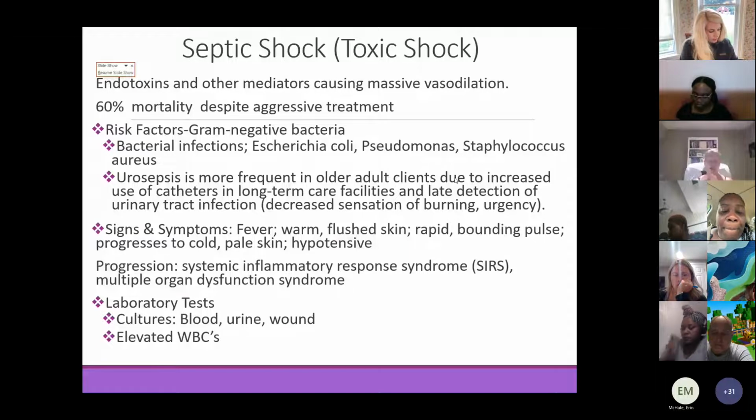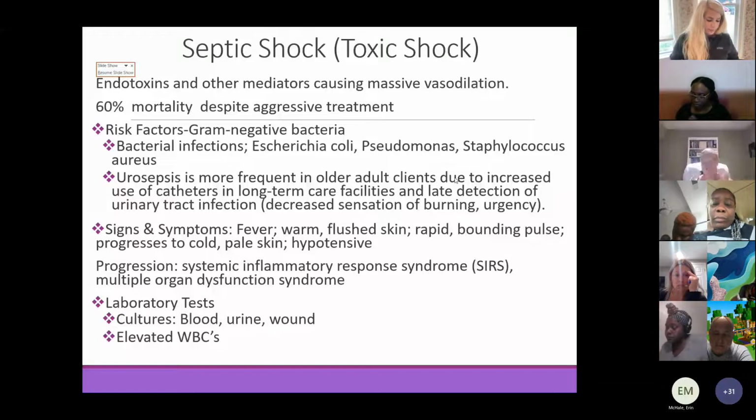Some of the things that cause septic shock are gram-negative bacteria, so any type of bacterial infection. So E. coli, big E. coli infections come from UTIs. That's one of the biggest things that causes UTIs, especially in women. Pseudomonas, Staphylococcus aureus, we just call it staph infection. Urosepsis in older adults, like we talked about, is the most common one that we see.